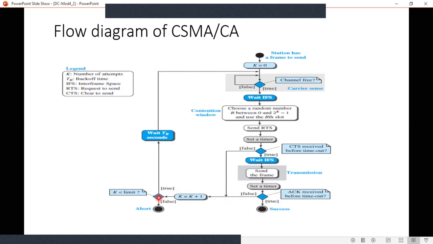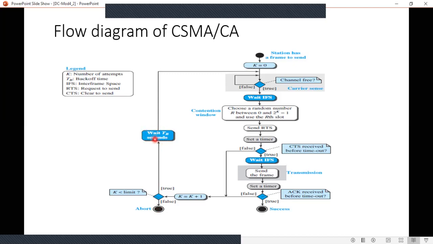Usually it is 15, isn't it? 15 attempts to check whether the channel is free or not. If it is more than the maximum limit, then it has to be aborted. Else it has to wait for TB seconds, that is the back-off time.